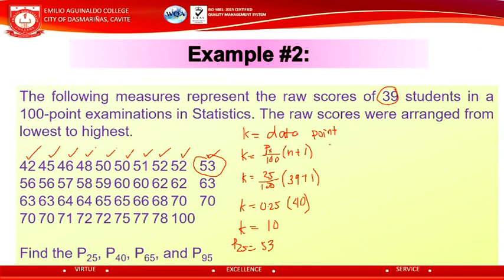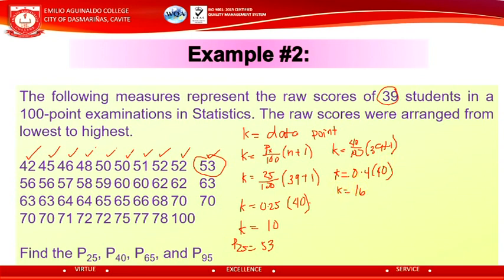Now, let us try to solve the rest of the problem. We have k is equal to 40 over 100 multiplied by 39 plus 1. So we can just shortcut the next ones, the 65 and 95. So k is just equal to 0.4 multiplied by 40. We will obtain k, which is equivalent to 16.